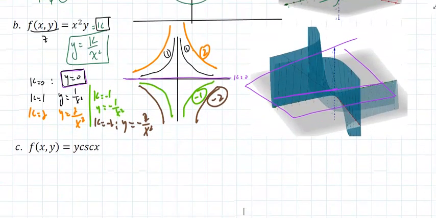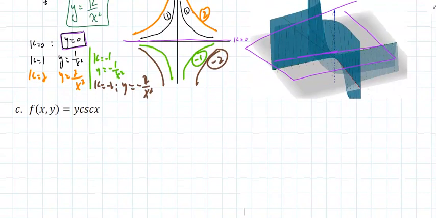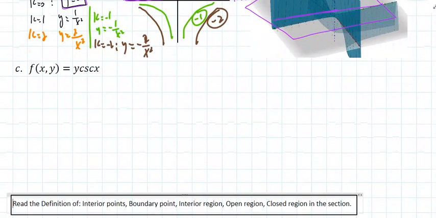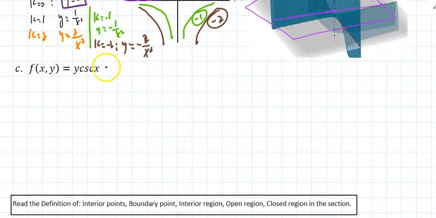Alright? And one more I have for you. If I wanted to sketch a graph of, if I set this equal to k, this is really saying y equals k over cosecant of x, or y equals k sine of x. Well, I know what that looked like.